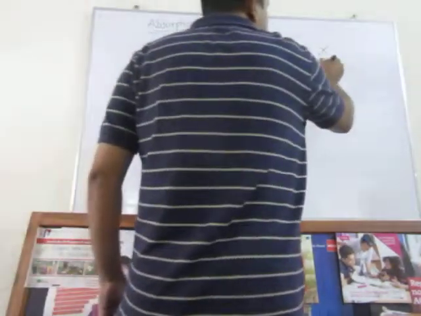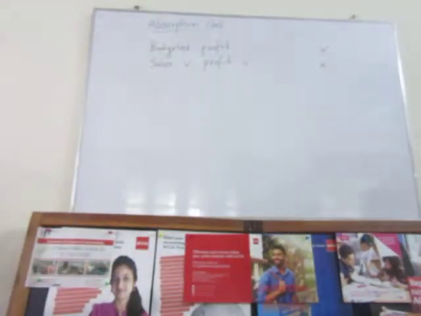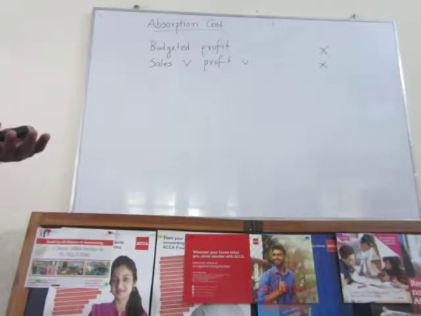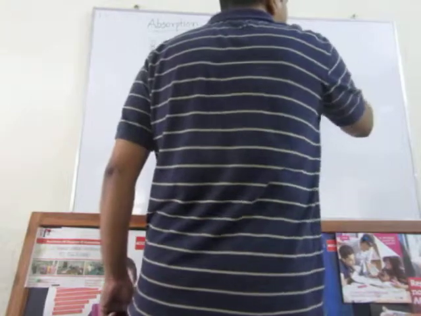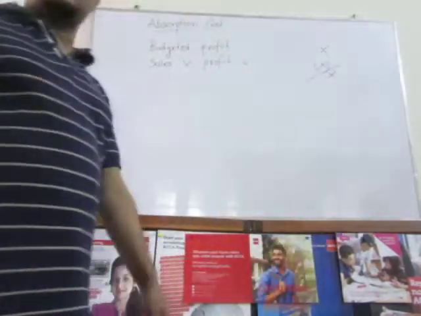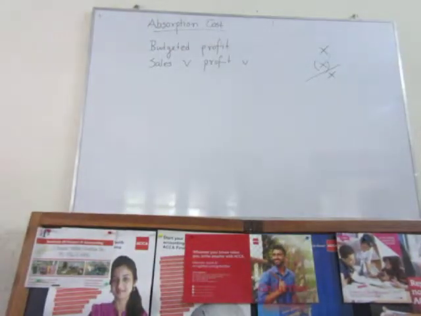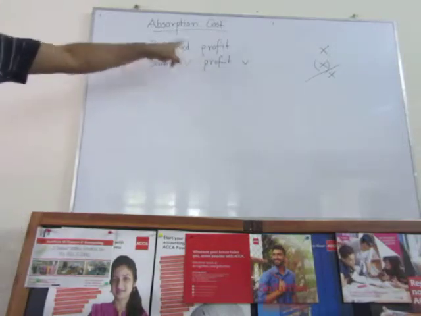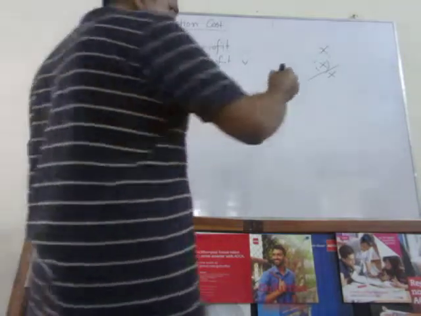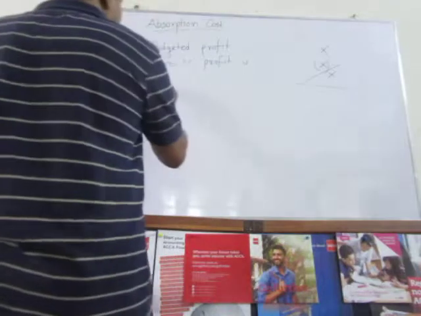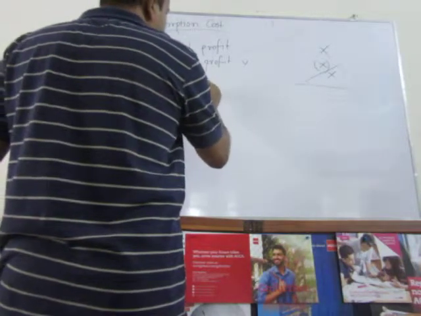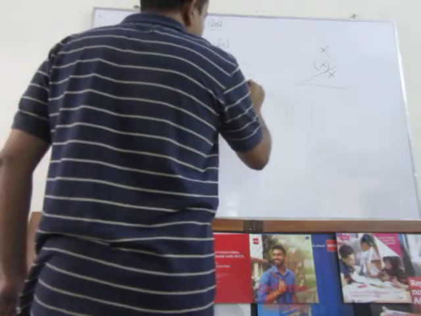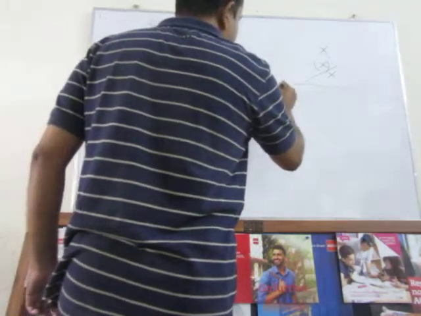Profit variance, suppose X. It may be adverse, it may be favorable. So adverse hole it should be deducted, favorable hole it should be added. So when you are adjusting sales volume profit variance with budgeted profit, it will provide you standard profit on actual sale.